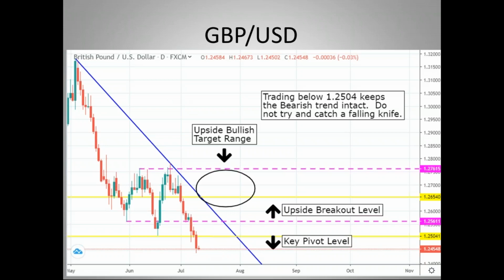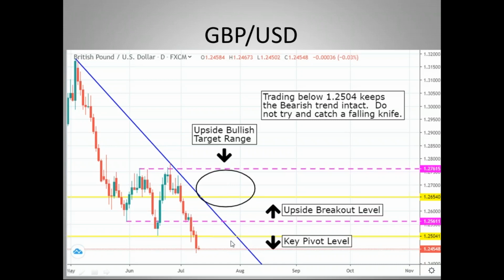The pressure is against the pound and dollar strength. But let's say we do have a dollar correction that starts to hit. It's very likely that the pound would have a nice reaction and that it would be a short-term time for profit taking. I mean, the bears may want to still keep this trend going down for the rest of the year, but right now the shorts, I'm sure, wouldn't mind taking some profits and having the opportunity to sell this market again back up where we have this upside bullish target trading range.